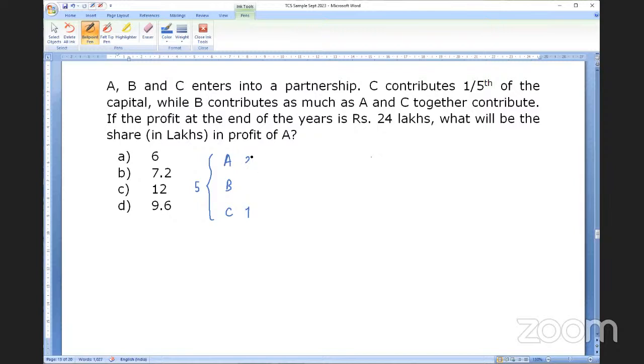That means if A has contributed x, the contribution of B should be x plus 1. Now we know that x plus x plus 1 is equal to 5. That means 2x plus 1 is 5. x is equal to 5 minus 2 by 2. That is 1.5. That means the contribution of A is 1.5, B is 2.5, and C is 1.